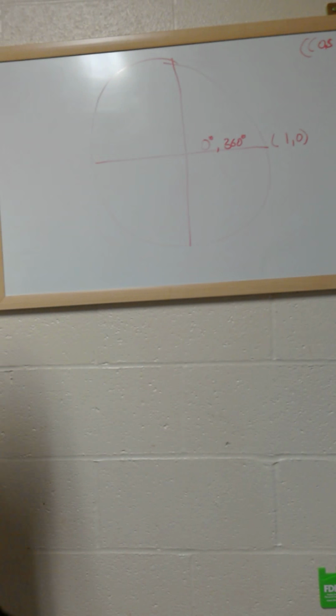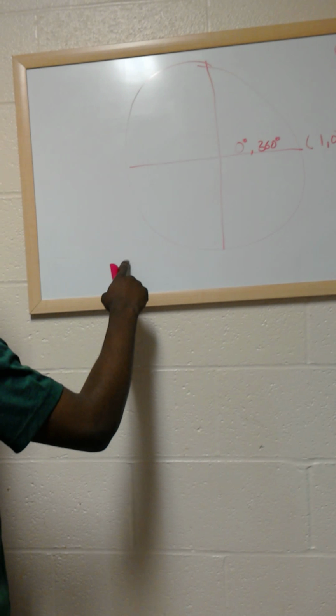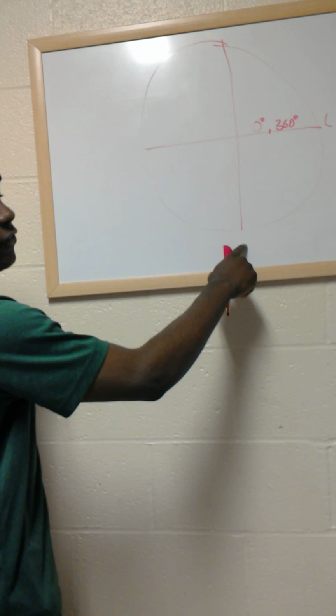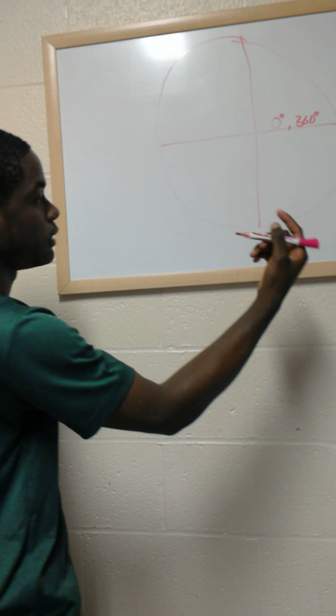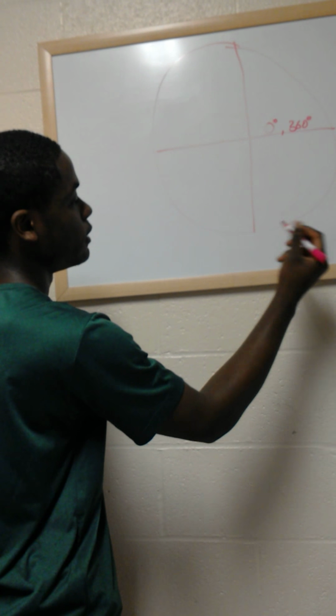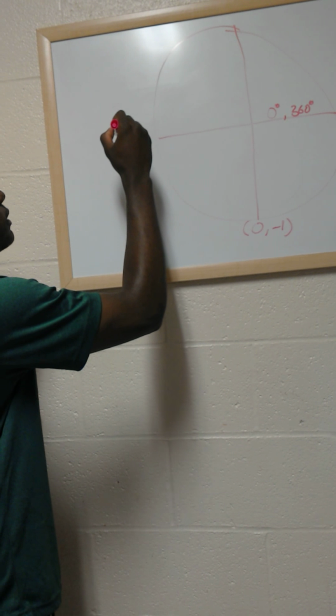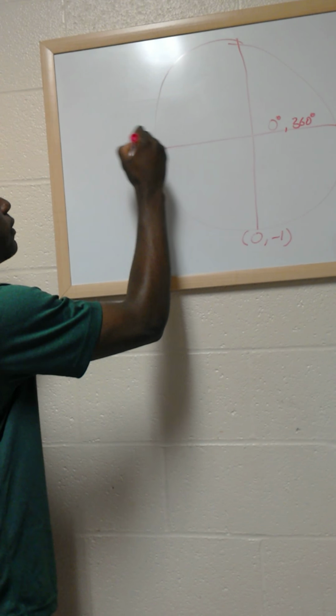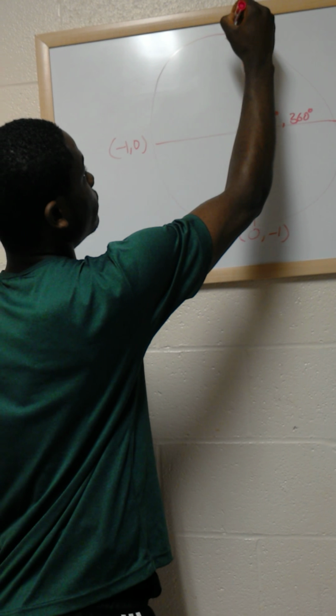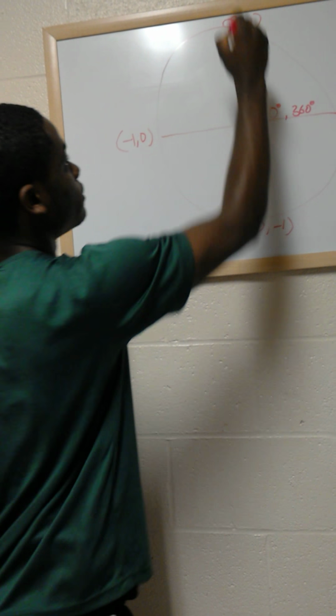That's something that you need to know for calculus as well. And for the three other coordinates, on this side you have 0 and -1. This side you have a -1, 0. On this side you have a 0 and a +1.